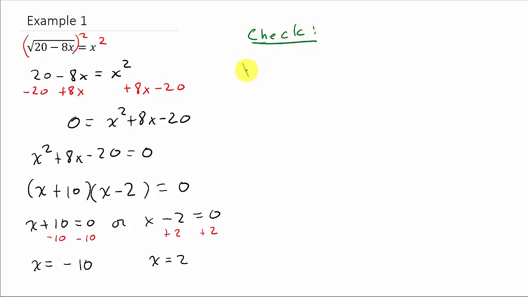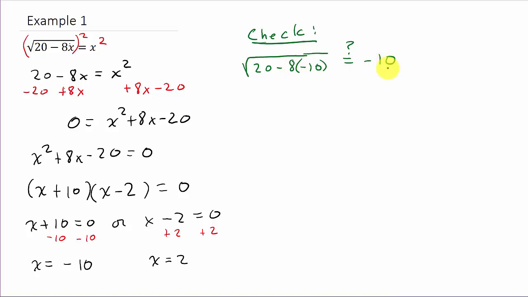I've got the square root of 20 minus 8 times negative 10, and I need to know, does that equal negative 10, plugging the negative 10 in for x. Well, I know right now it's not going to work, because remember, the square root of a number is always positive. It's never going to equal negative 10.